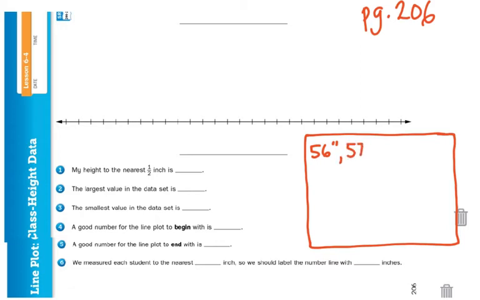We had 57 and a half, 52 and a half, 52 inches, another 56 inches, 54 and a half inches, 54 inches.